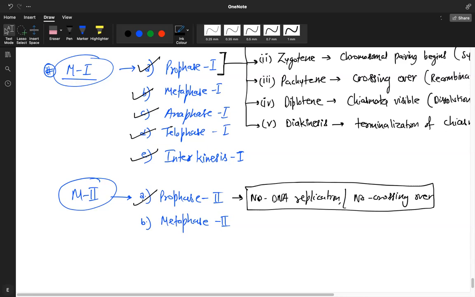They are now pulling apart sister chromatids. In metaphase 1, what was being pulled apart? Homologous chromosomes. Basically, the non-sister chromatids were being pulled apart, right? Here, from the same chromosome, you are pulling apart two sister chromatids. You understand?